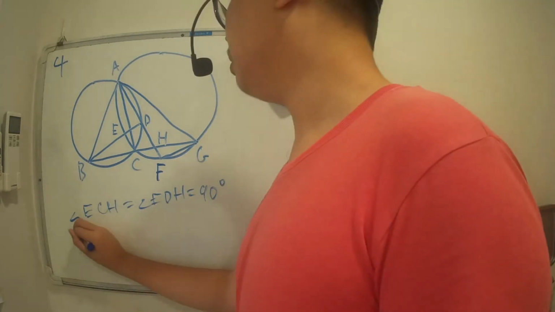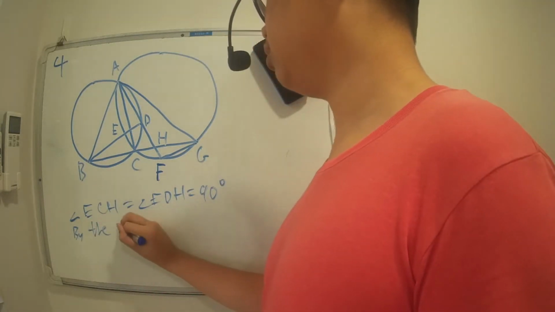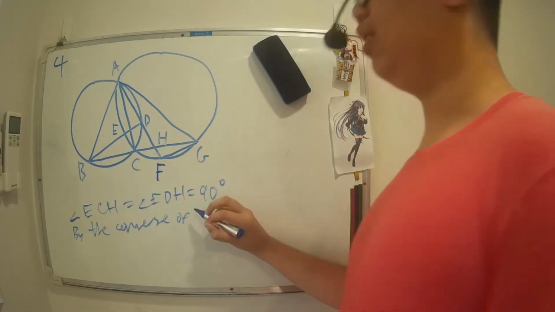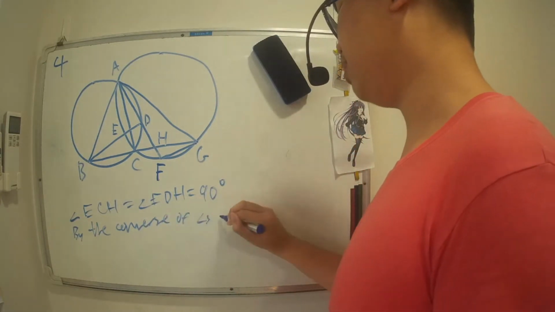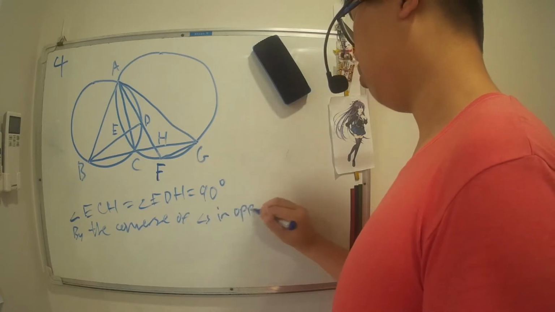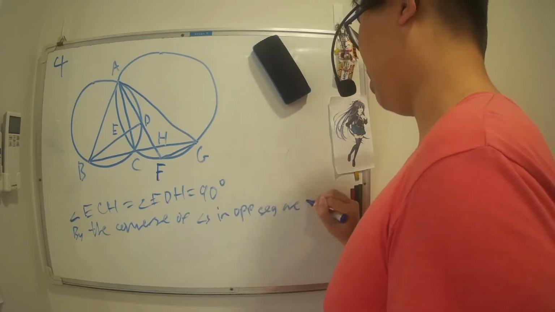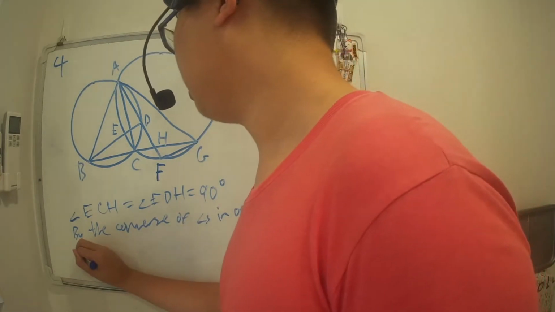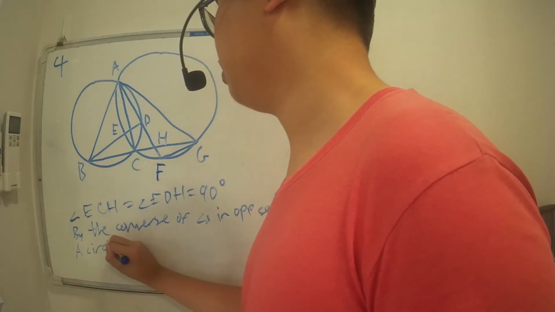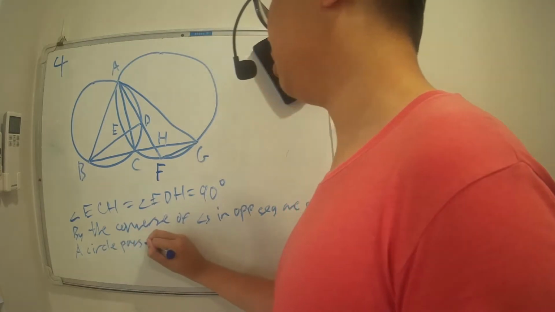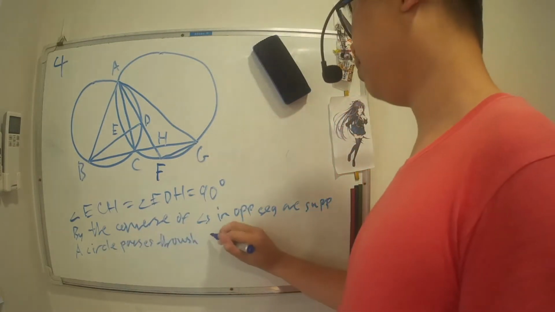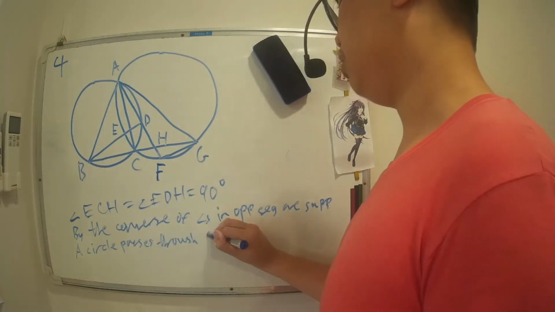So by the converse of angles in opposite segments are supplementary, a circle passes through CHDE.